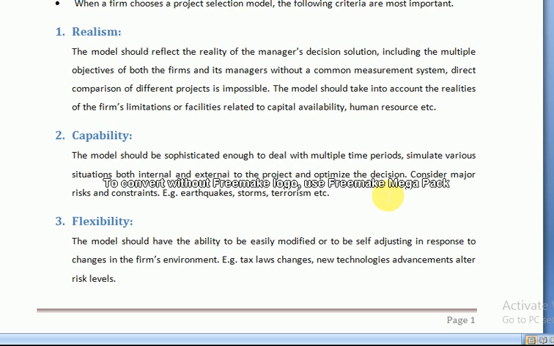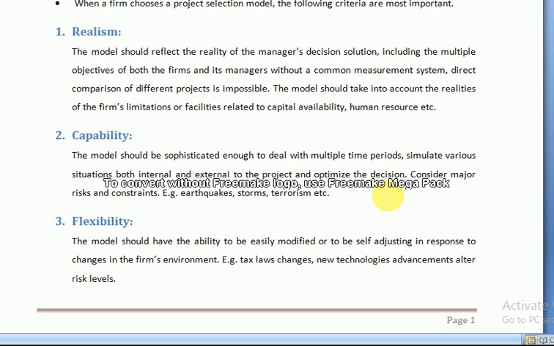So for the project selection model, the first objective to check is that the model must consist of the reality. We will check all the reality regarding the human resources, the technical resources, the financial resources, regarding all types of resources.